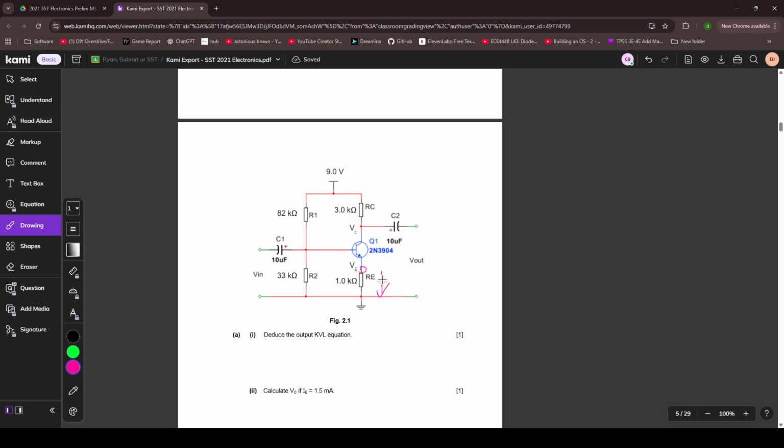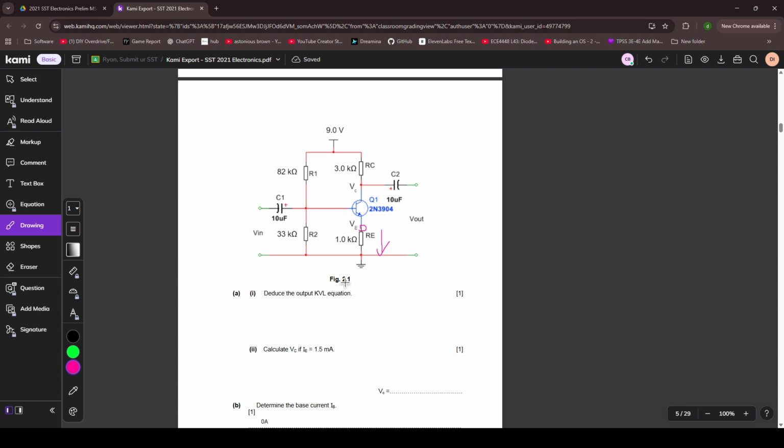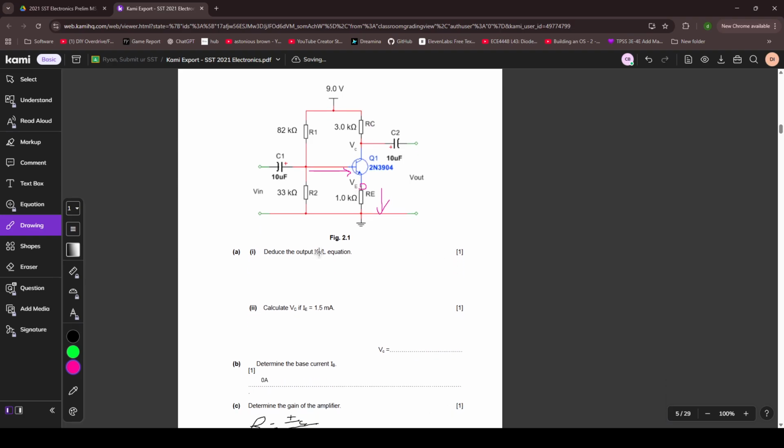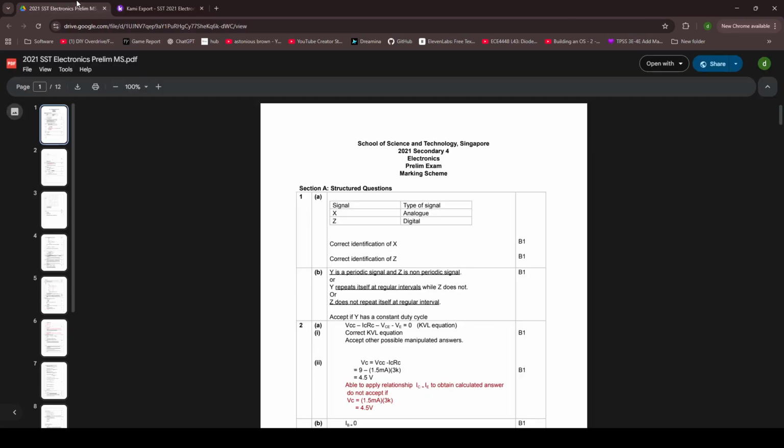What I'm thinking is it's either that the KVL is from here or here. It's probably this side, but honestly, for this one, I have no clue. Let me just see.